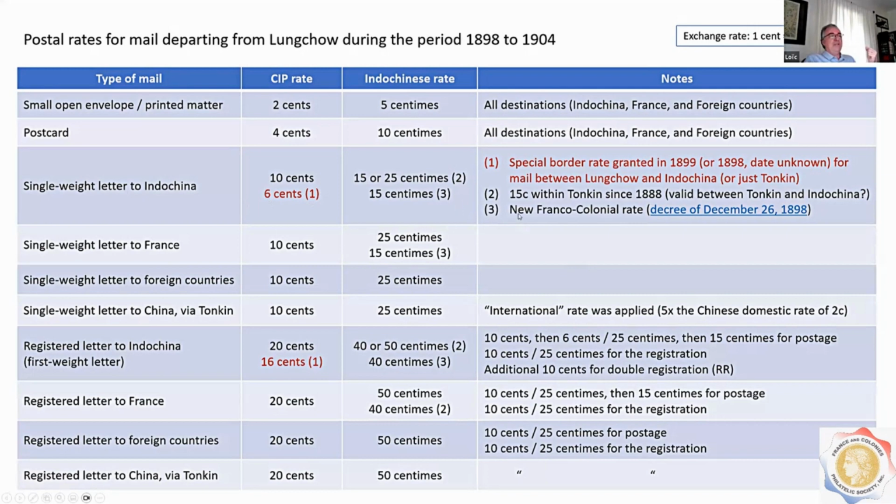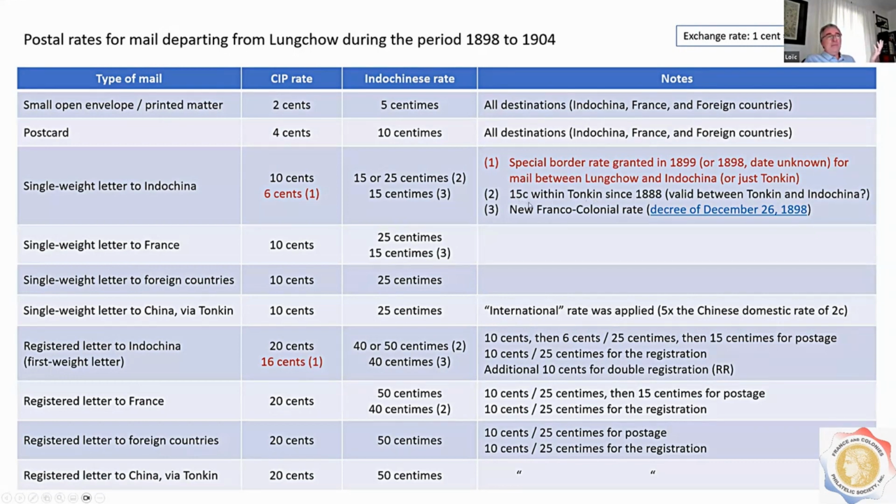And on the French side, so obviously before 1899, the rate would have been 25 centimes for a first weight letter, but there might have been a lower rate in place. There was a decree in 1888 where at least the rate within Cochinchina and its dependencies was 15 cents.